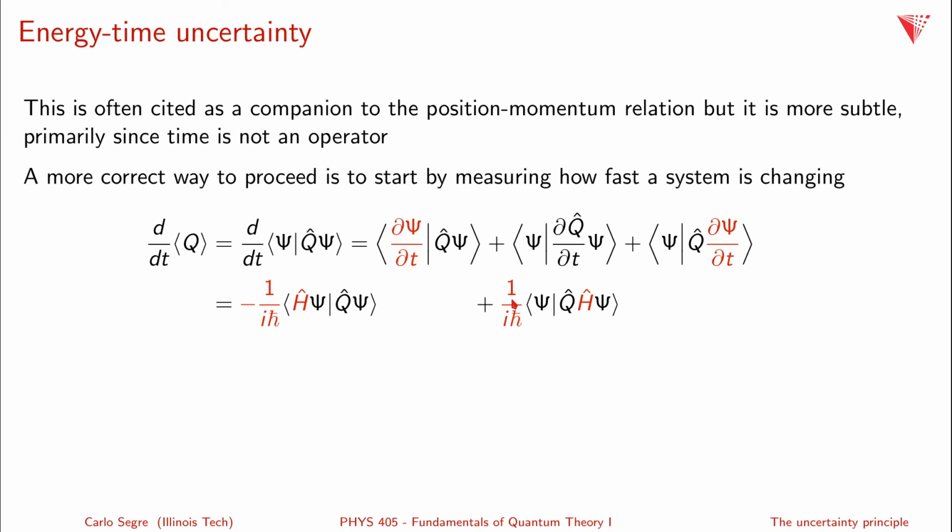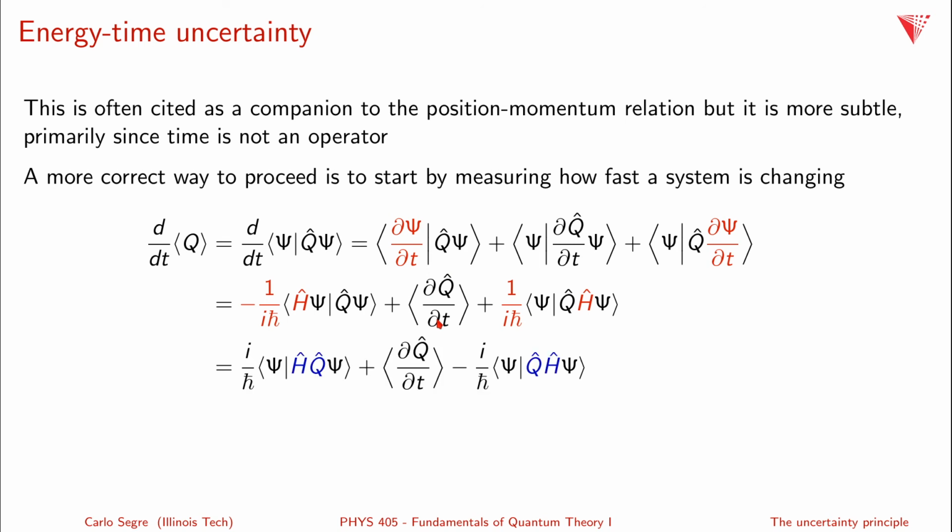And then I have 1 over iħ, psi inner product with QH psi. I have this term left over, which is simply the expectation value of the time derivative of the operator Q. Well, since the Hamiltonian is Hermitian, I can bring it over to the right side.